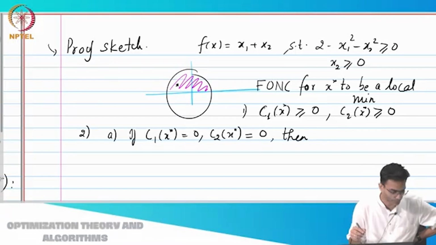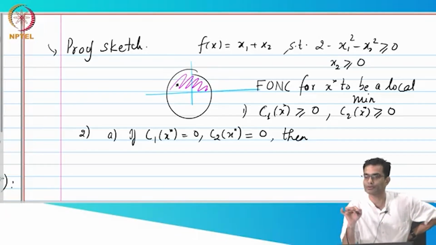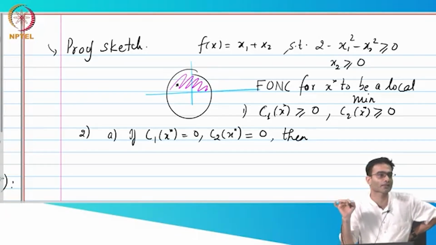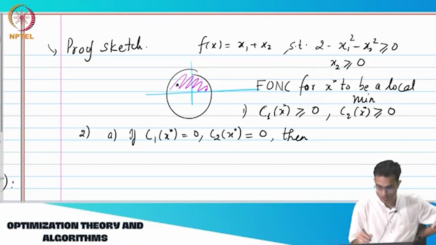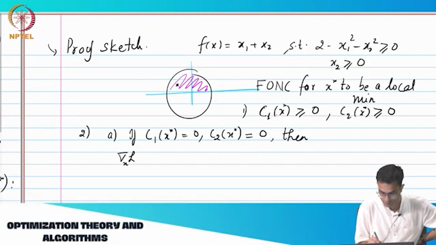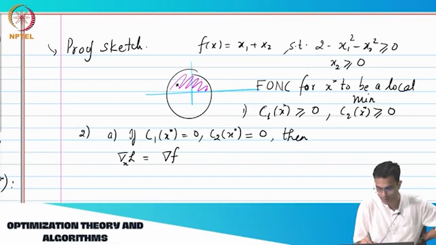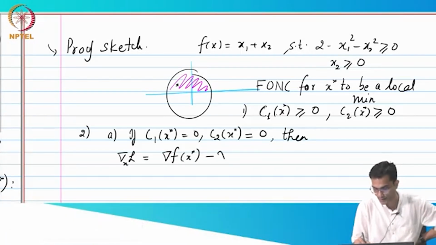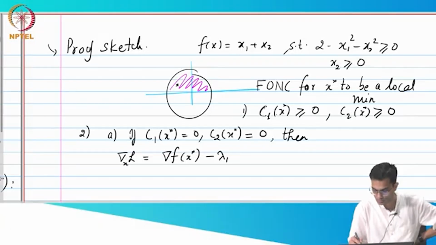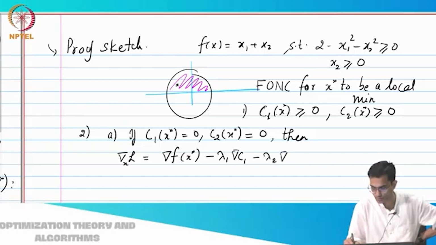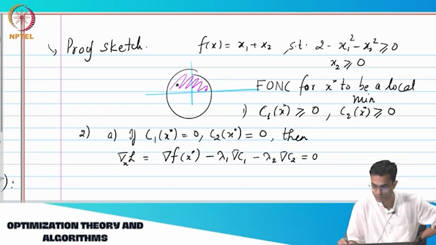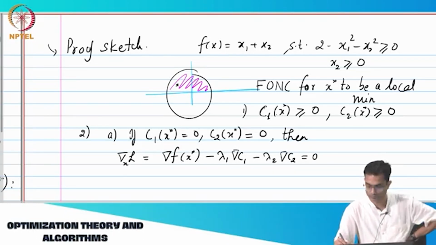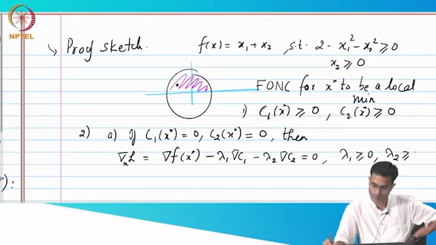So C1 of x equal to 0, C2 of x equal to 0, does that say grad C1 equal to 0? No, obviously not. So the gradient of the Lagrangian gives me grad f of x star minus lambda 1 grad C1 minus lambda 2 grad C2, and this should be equal to 0. Lambda 1 greater than or equal to 0, lambda 2 greater than or equal to 0.